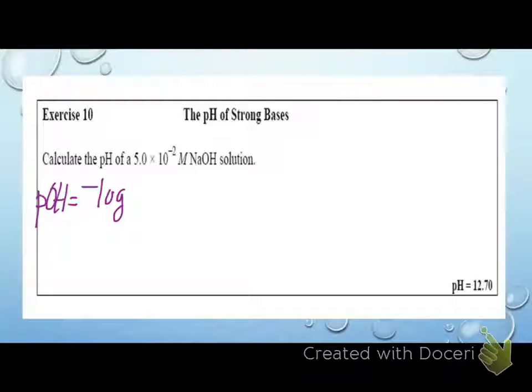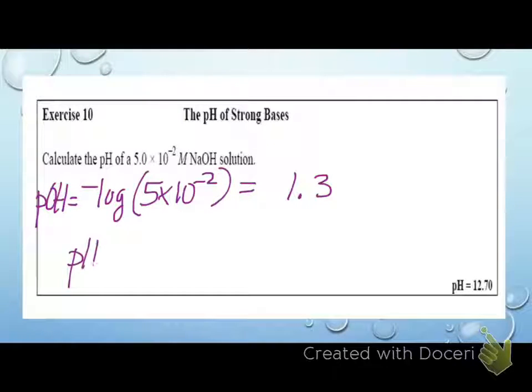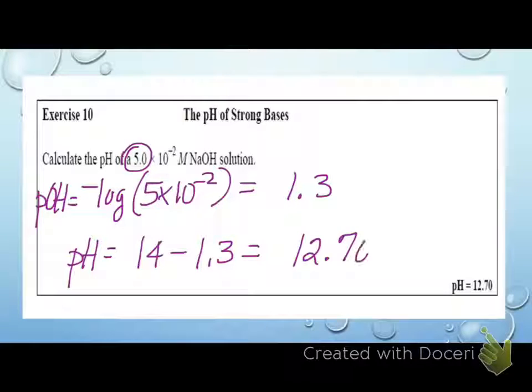So negative log of 5 times 10 to the negative 2, which is going to give us 1.3. So the pH is going to be 14 minus 1.3. Since we have 2 sig figs here, we need 2 decimal places for our pH, so it would be 12.70 is our pH, which we would expect it to be basic. It's got a fairly high concentration of sodium hydroxide.